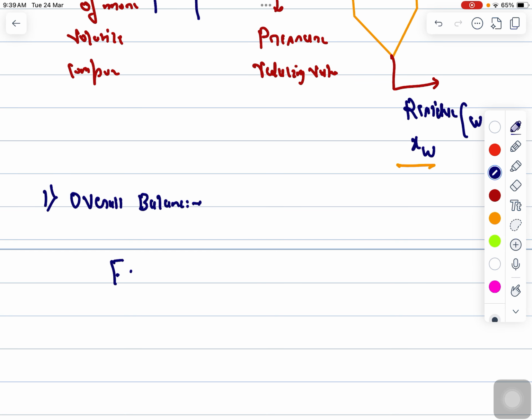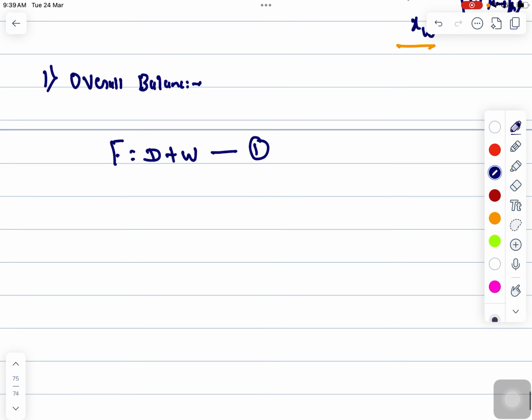So just now, if we perform the overall balance, I can write F equals D plus W, right? Now if we do the solute balance, let's say our solute is the more volatile component, is that clear?